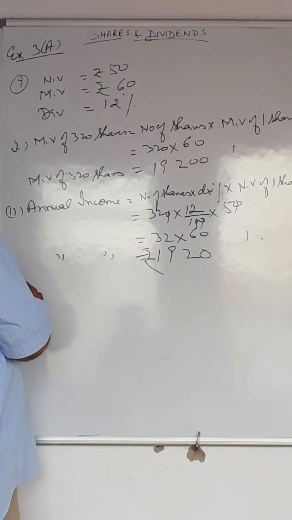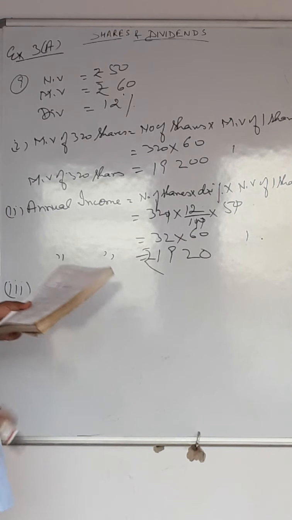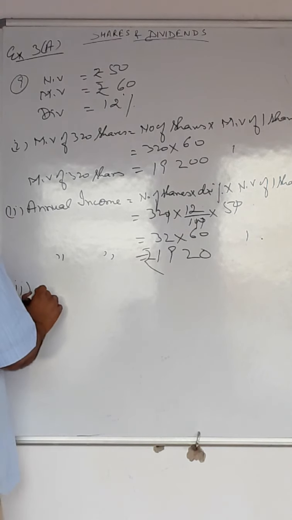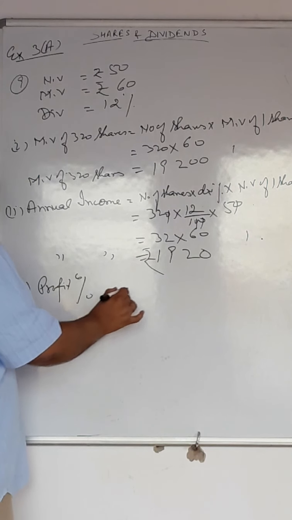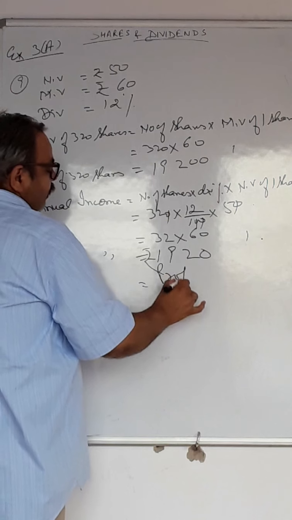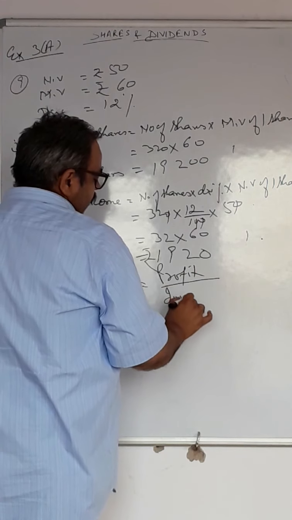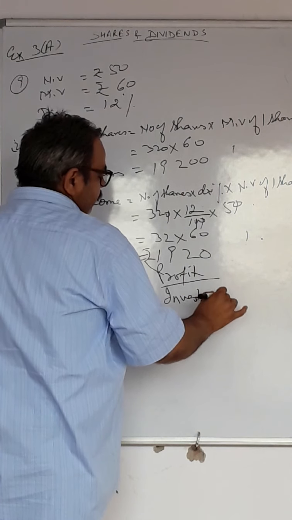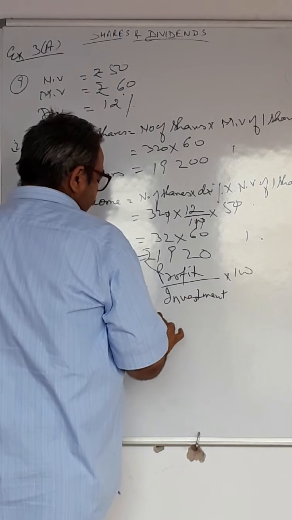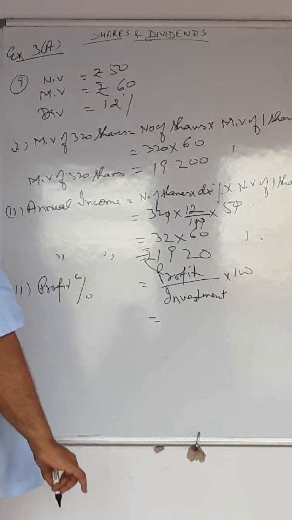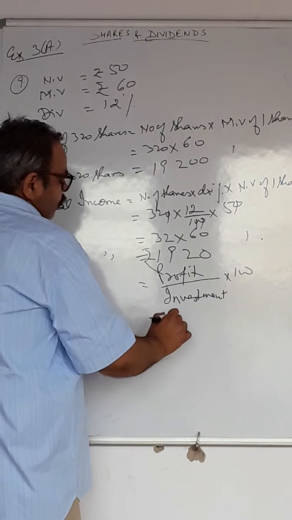Third part, profit percent. Profit percent is profit over investment into 100. Profit how much? 1920.